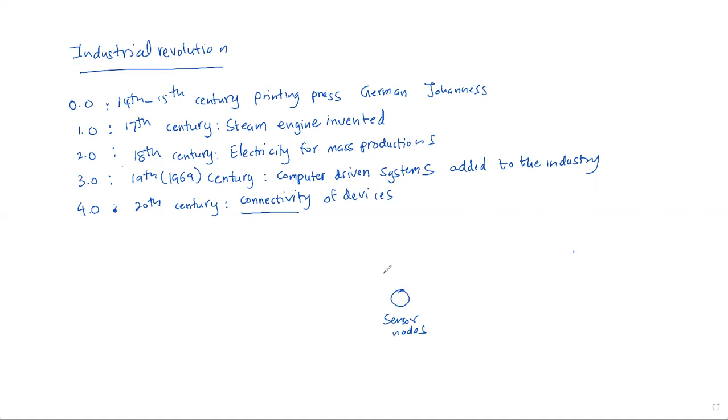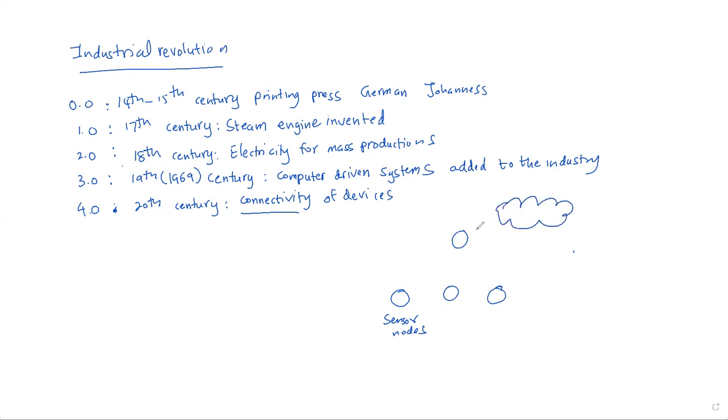Like in the factory, there could be other types of sensors, for example a set of temperature sensors. Inside a certain factory, we can have a router, and this router will be connected to the internet, right?